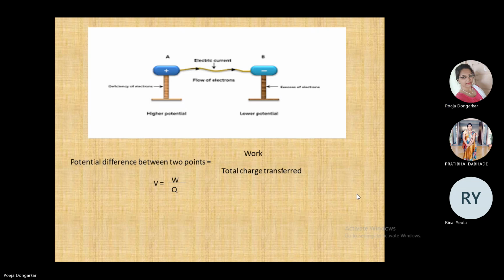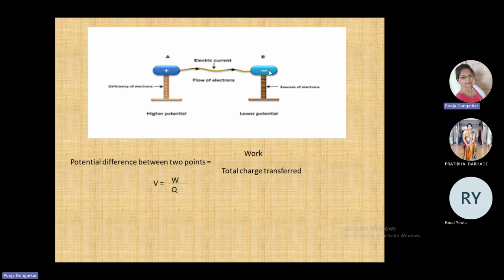Here the first point A is positive and the second B is negative. This is the higher potential and this is the lower potential. The arrow shows the flow of electrons, which is the electric current. Electric current is nothing but the flow of electrons. This flows towards the negative point.